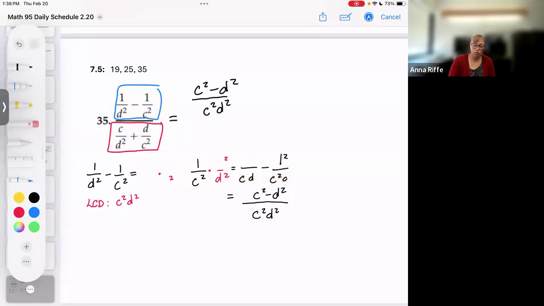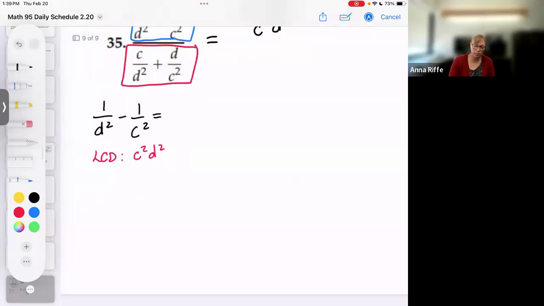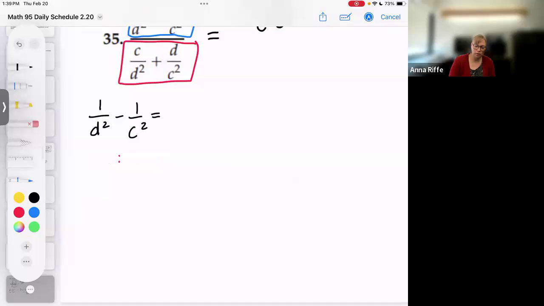I honestly usually write my problems vertically, but there's not a lot of room here. So I started doing it horizontally, but we could certainly do that. So we did say that the least common denominator was d squared c squared, or c squared d squared, whichever you prefer.